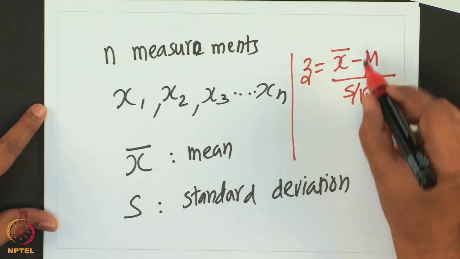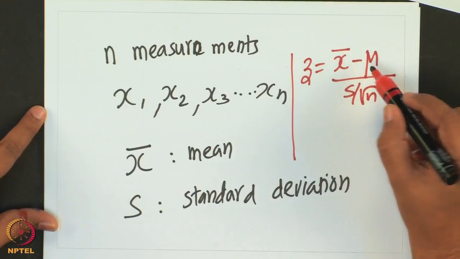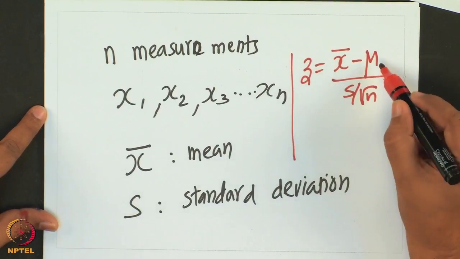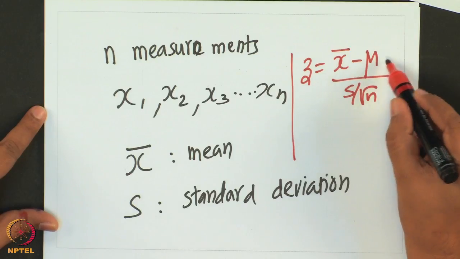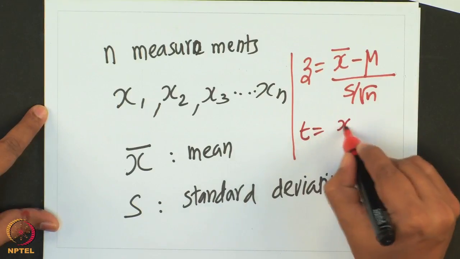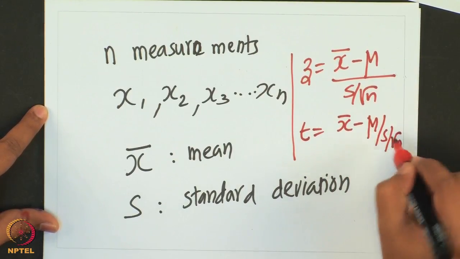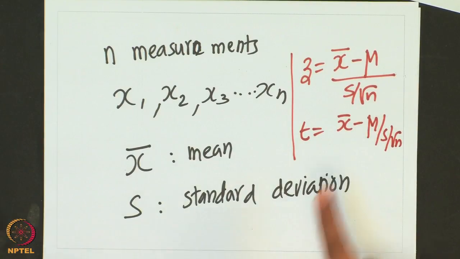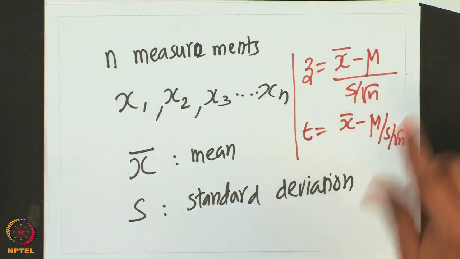Let us say mu is like the 37 degree, the control number that we want. We want to know whether our number is comparable to the standard number or not. So we would calculate the z, same definition for t. Now the distribution of z would be a standard normal distribution. What is a standard normal distribution?